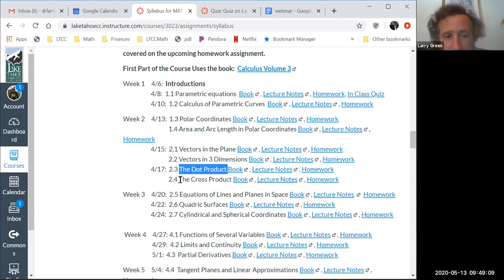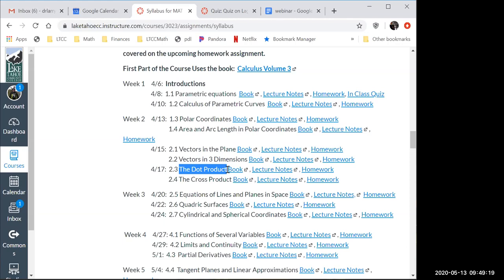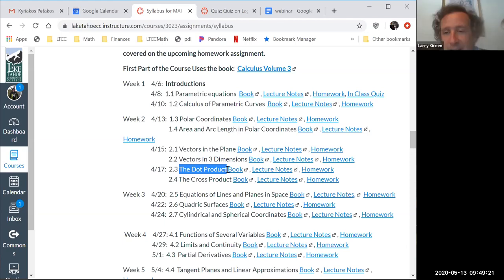Okay, cross product. And by the way, how do you tell if 2 vectors are orthogonal? The angle between them is 90 degrees. No, the angle being 90 degrees will not give you orthogonal vectors.